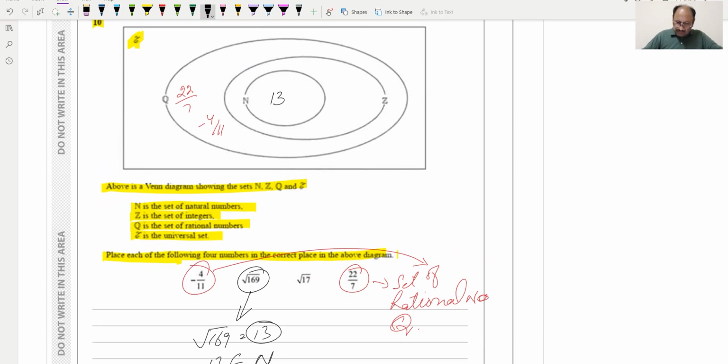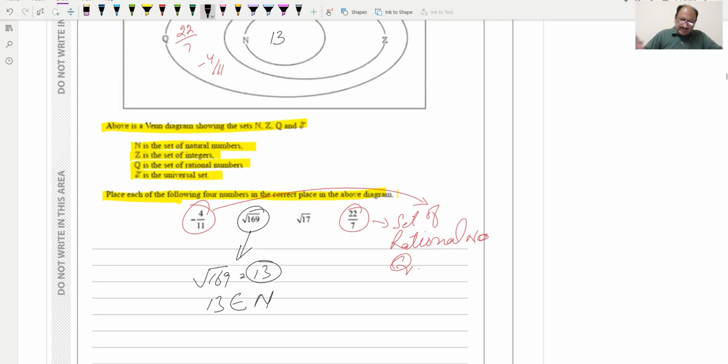I'm retaining the color so that you can relate it. And root 17, if I mention this one, root 17 is basically an irrational number. Irrational numbers are numbers which cannot be written in p over q format.